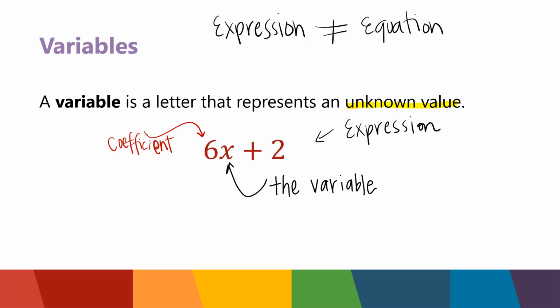Okay, so 6 is our coefficient, x is our variable, and our operation here is addition, so that plus indicates the operation. And 2 is just a constant, a number that is not attached to a variable. The 6 is attached to the variable, so it's called the coefficient. The number that is not attached to a variable is called the constant.